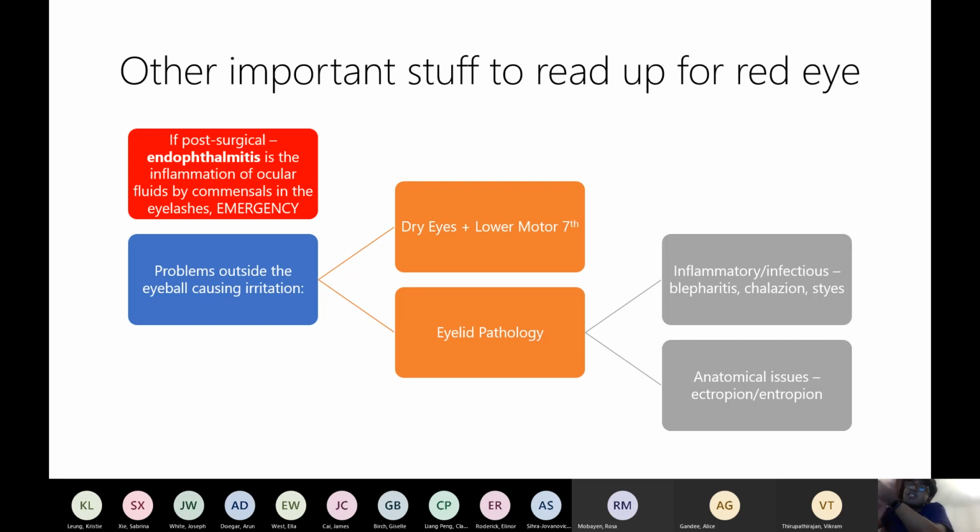There are problems outside of the eyeball that can cause irritation to it and cause redness. So any cause of dry eyes or lower motor seventh nerve palsy can cause a red eye. And then you have these eyelid pathologies. So you can have inflammatory or infectious things that are going on with the eyelid that can rub against it, like blepharitis or styes. Or you can just have a basic anatomical issue with the eyelid. So does anyone know what entropion and ectropion are?